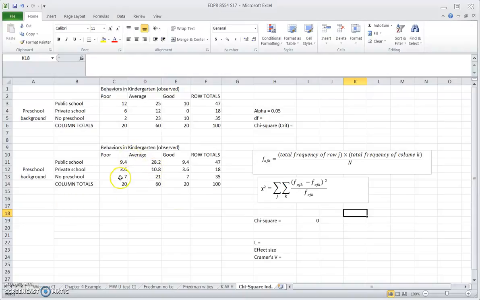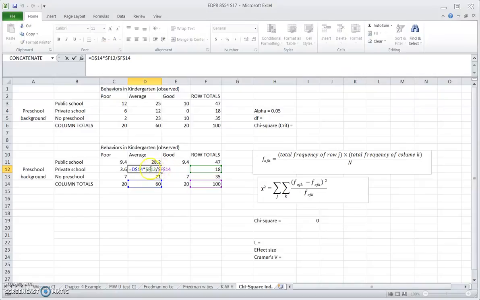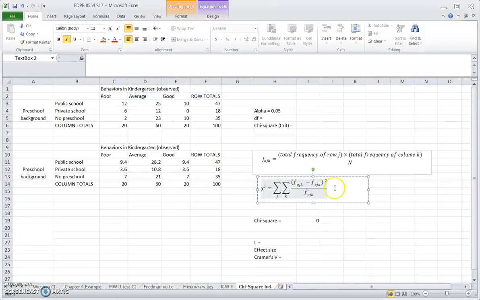If you want to make sure you did the right thing, you can double click on one cell and make sure it is the product of the row total times the column total, divided by the total sample size. I think we're fine at this point. And this is the formula you use to calculate the chi-square statistic.